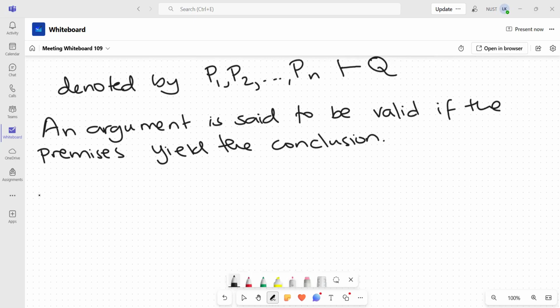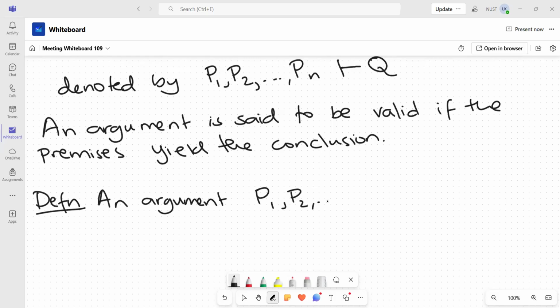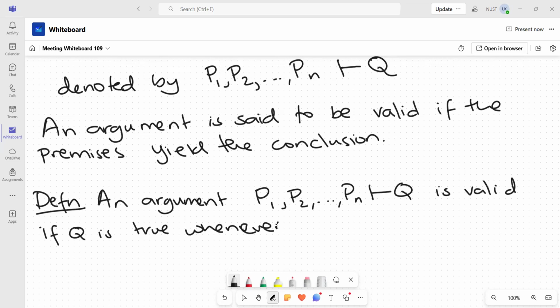And here we have a definition. We say that an argument is valid if Q is true whenever all the premises P1, P2, all the way up until Pn are true.